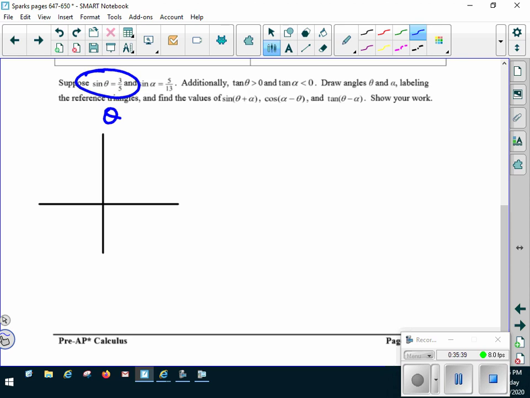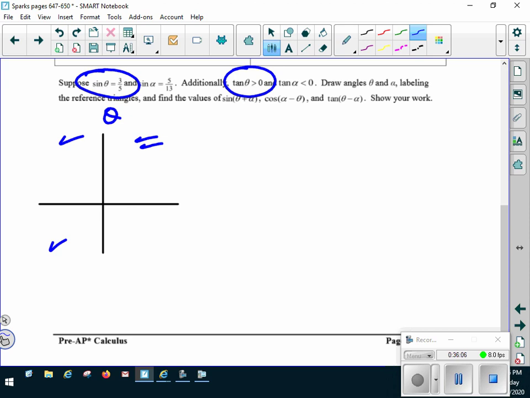The y value is positive, which occurs only in quadrants 1 and 2. We also know this: what quadrants have a positive tangent? 1 and 3. What quadrant is theta in? Theta is in quadrant 1.